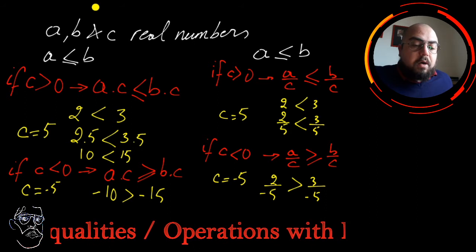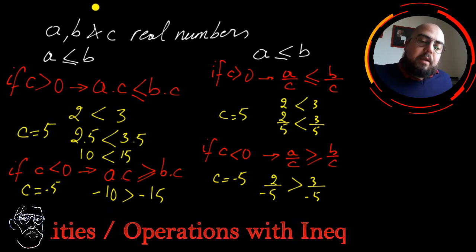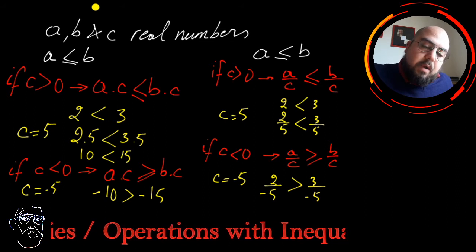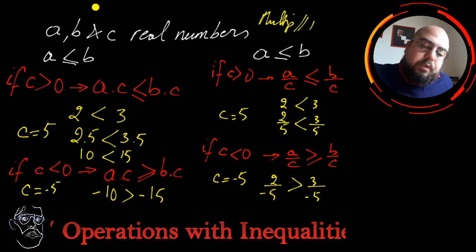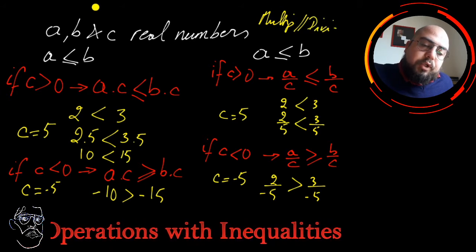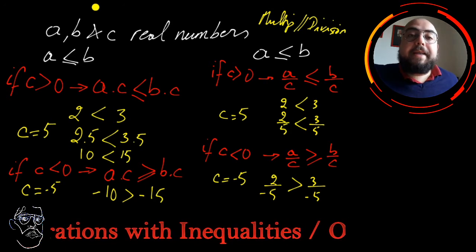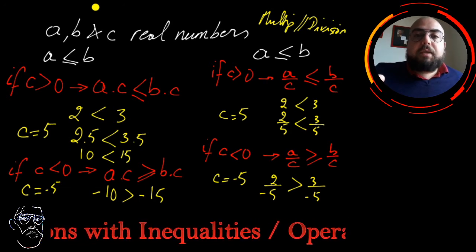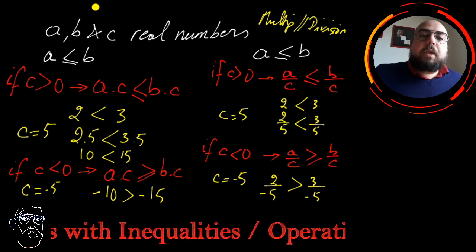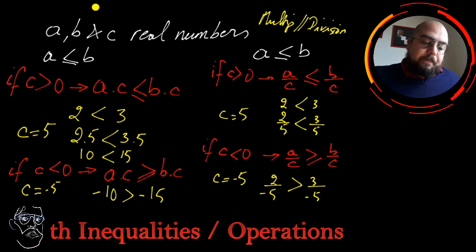So these are the properties related to multiplication and division. You have to check whether you're multiplying or dividing by a negative number. You need to change the inequality. If it's greater, it will become smaller. If it's smaller, it will become greater. That's what you should pay attention to.